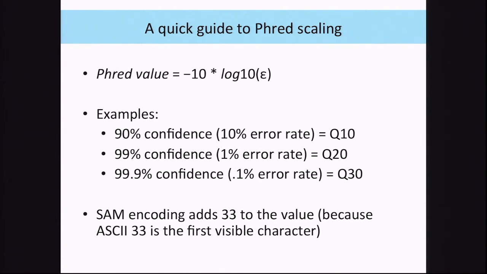So if you're 90% confident that it has made a correct call, we call that quality 10. If you're 99% confident, that's quality 20. So we're talking about quality 40 versus quality 50. That's a lot friendlier. So that encoding in the FASTQ is not really for human readability, but it's very easy for a computer to process.